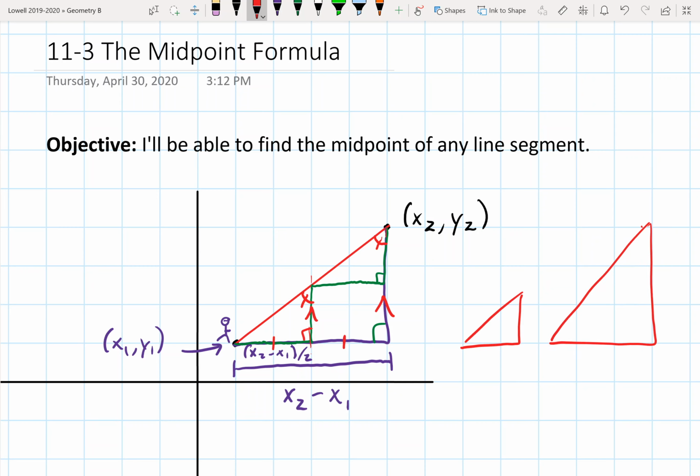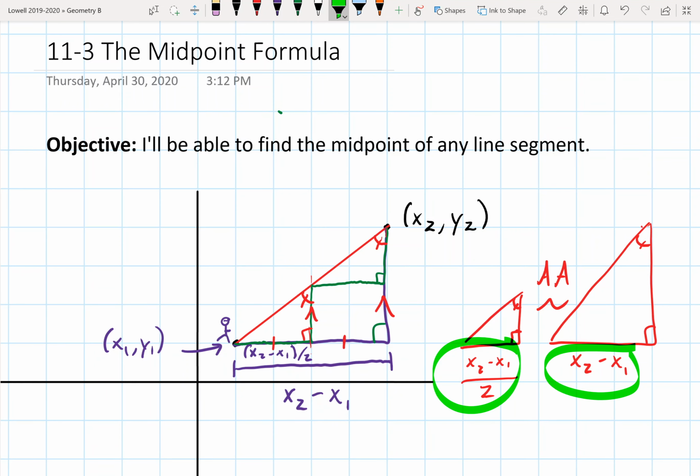Again, this distance right here on the big triangle is x2 minus x1. On the smaller triangle, x2 minus x1 over 2. And we know that they are similar by angle, if anything. But there's also that theorem, although I forget the name at the moment. So I'll just say they're similar by angle. Now, since we know that they're similar, we can take a look at just these two sides to get the scale factor.